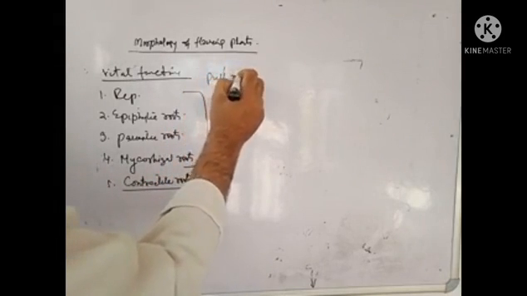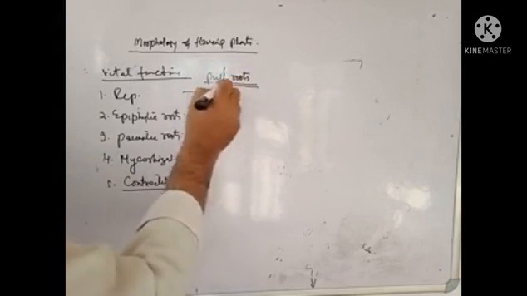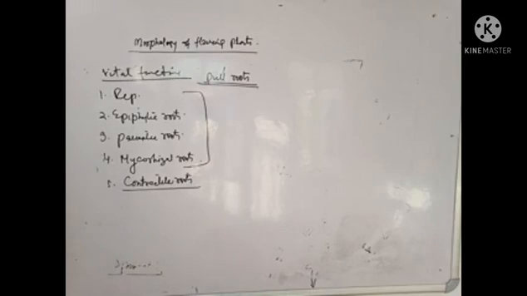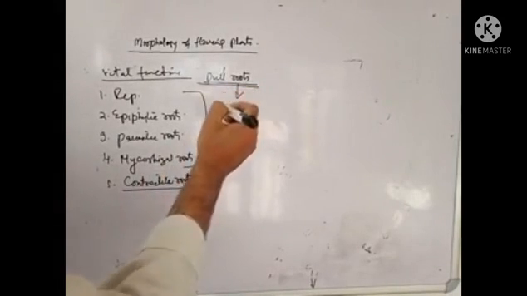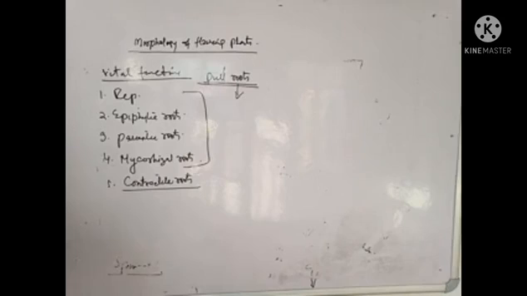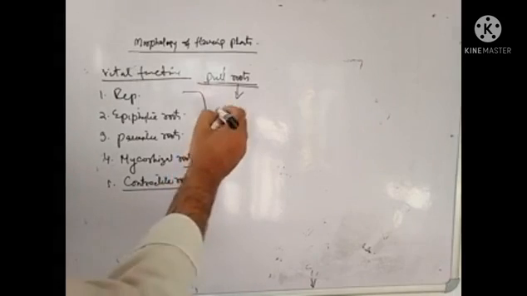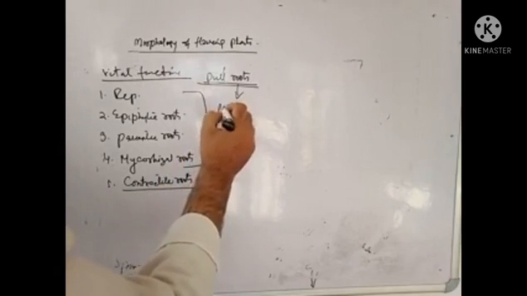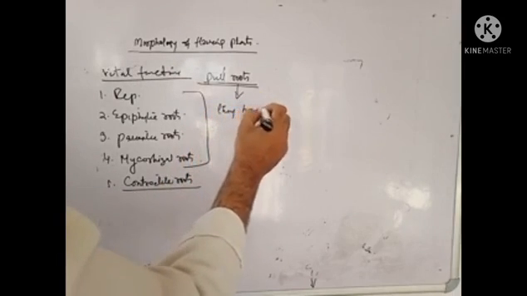These roots are also called pull roots. We call them pull roots as they have one important thing, that they can contract.